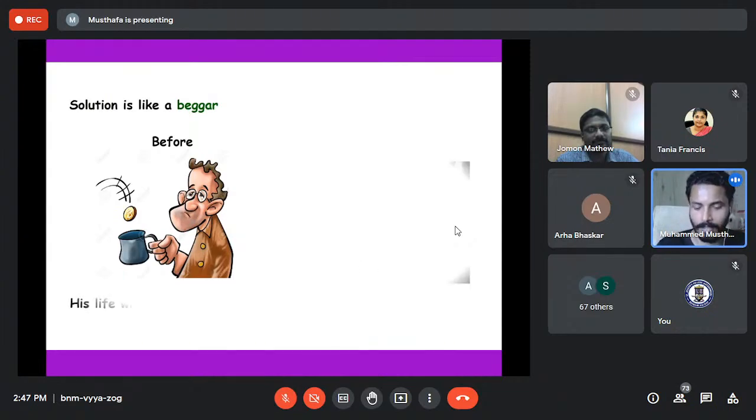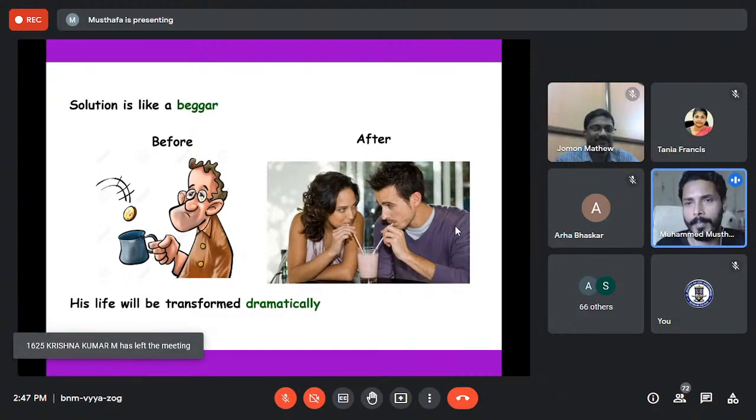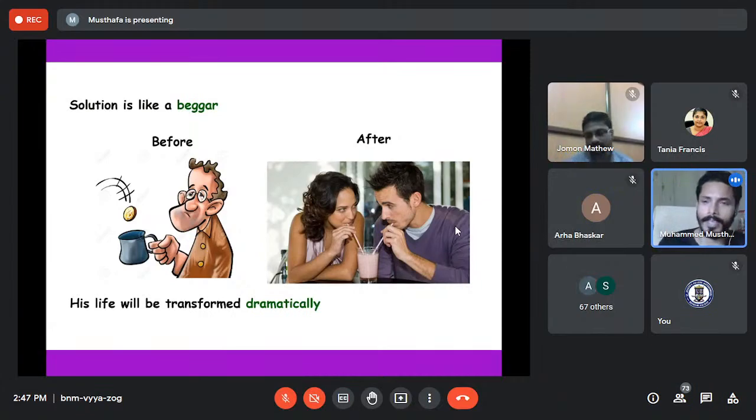Maybe something like this. So something quite dramatic happens to the beggar, and we should worry about the beggar for sure. Exactly a similar situation happens when you dip a metal into a solution, mainly because metal is a super rich guy with electrons and solution is like a beggar.